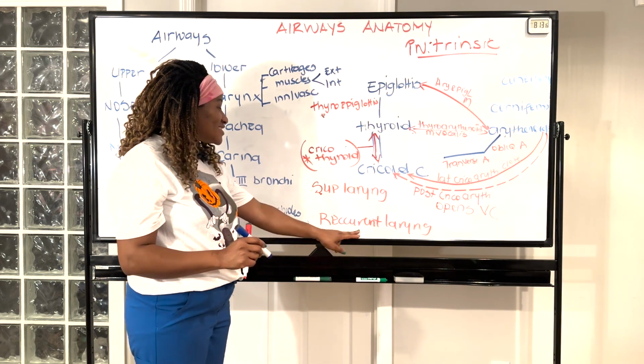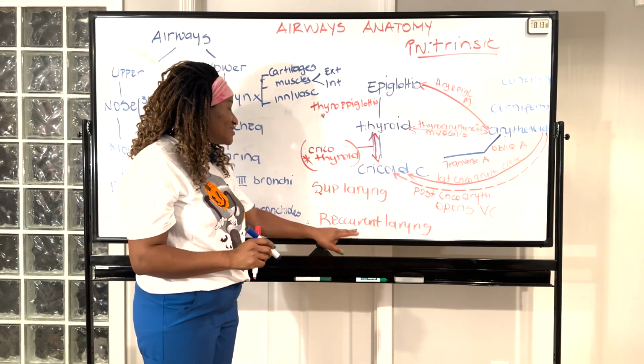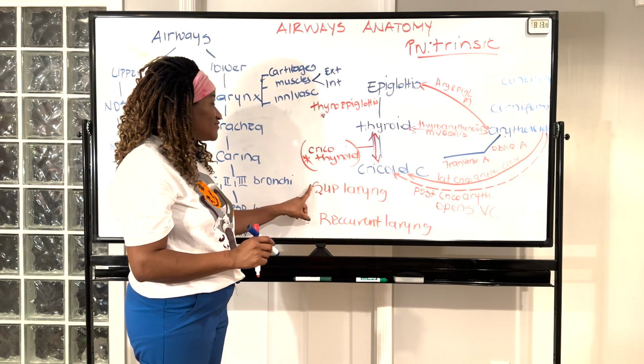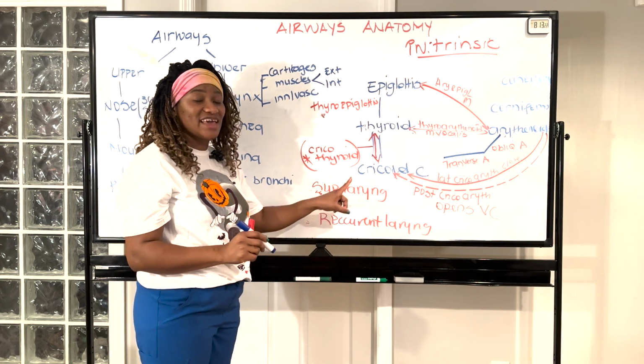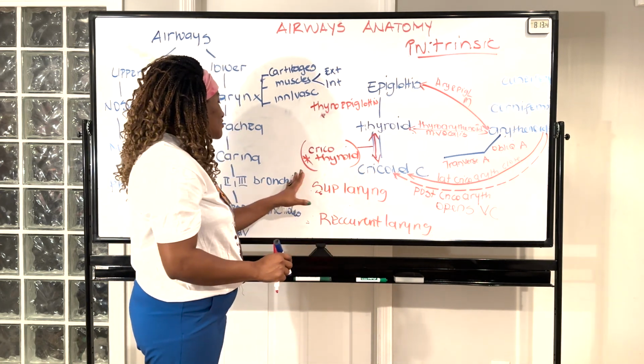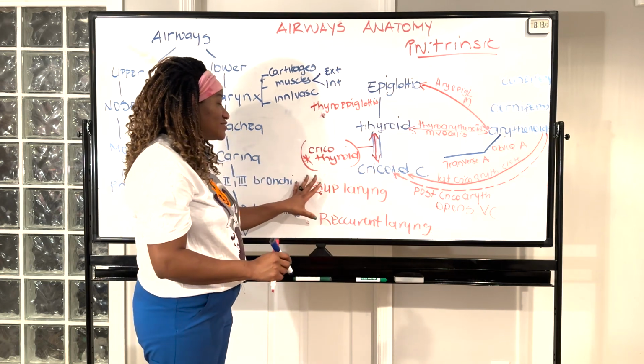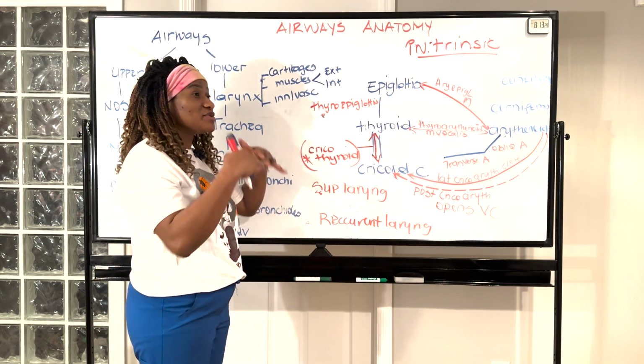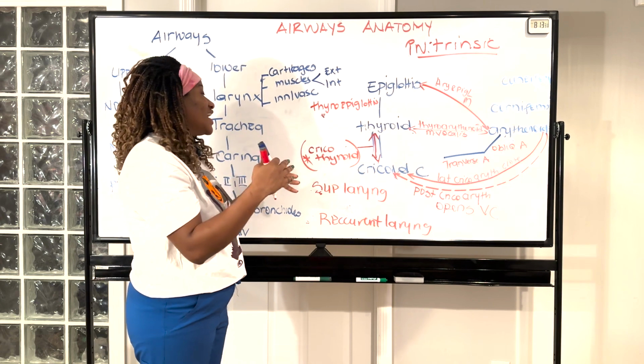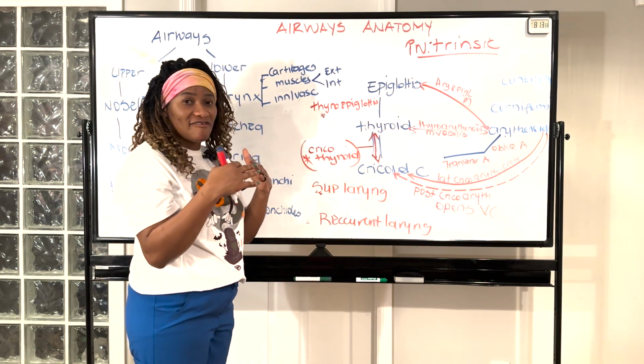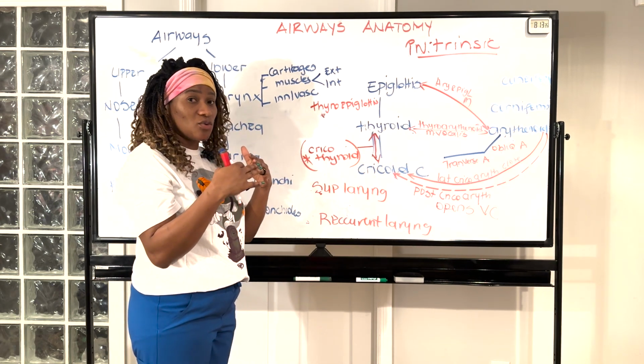Because it's not getting its motor innervation from this, it gets it from the superior laryngeal nerve, the external branch. Now, the superior laryngeal nerve is responsible for the innervation of the superior part of the larynx and the superior half of the vocal cord.